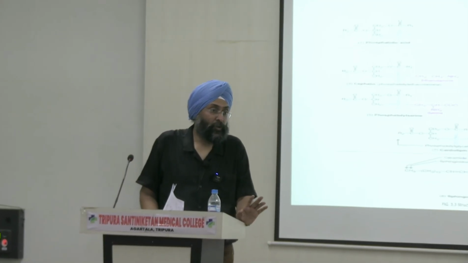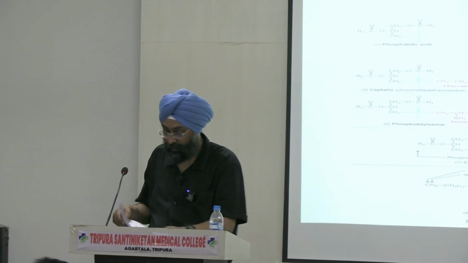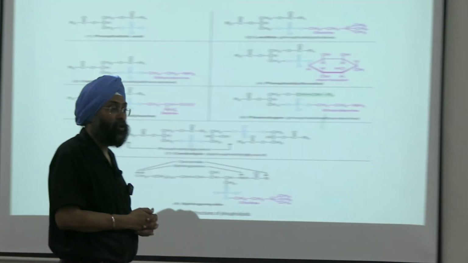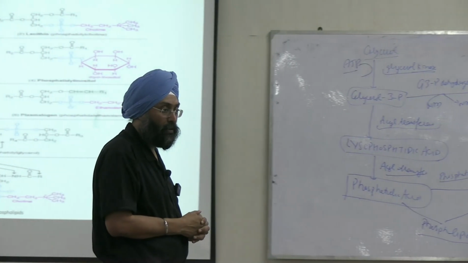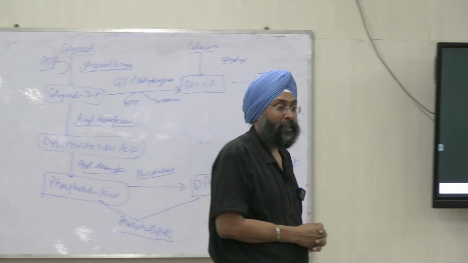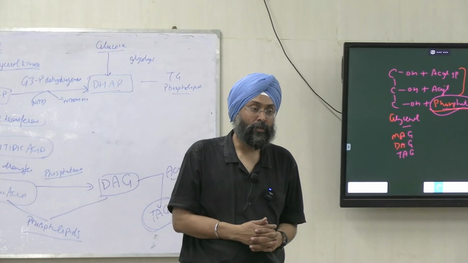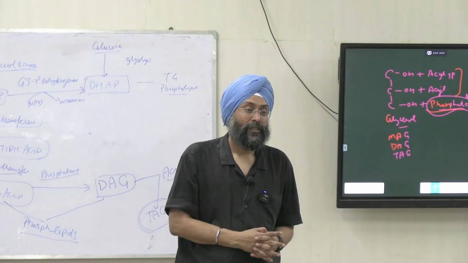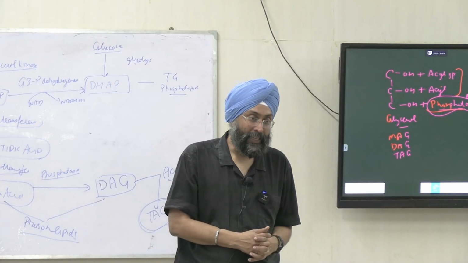Synthesis of triglyceride is okay. Tell me, are you able to remember? We started from glucose and glycerol. Glycerol is converted to glycerol 3-phosphate via kinase reaction, and to glycerol 3-phosphate we attach 1 acyl group via acyl transfer, it becomes lysophosphatidic acid.